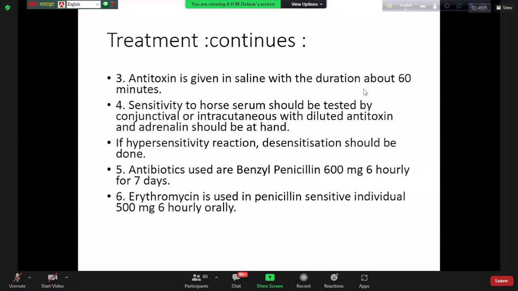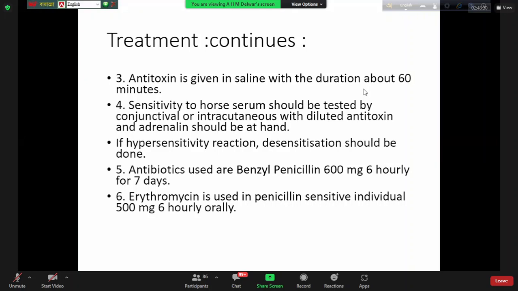You give the antitoxin over about 1 hour. You take an IV cannula, or a butterfly needle, to give the antitoxin.